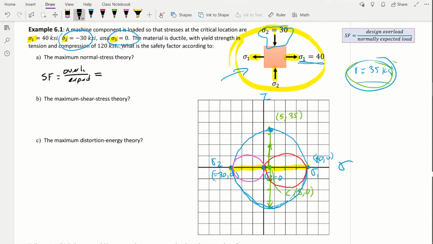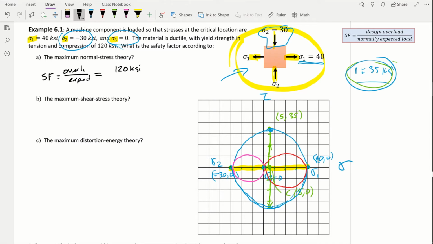That's the absolute value, right? This is going to be a number that comes from the material properties. When we're talking about the max normal, they want us looking at the yield strength of the material, because the stress can never exceed the yield strength. If it does, then we get into plastic deformation, or if it's brittle, it's going to break, right? So the maximum amount of stress that we can apply is 120 KSI.